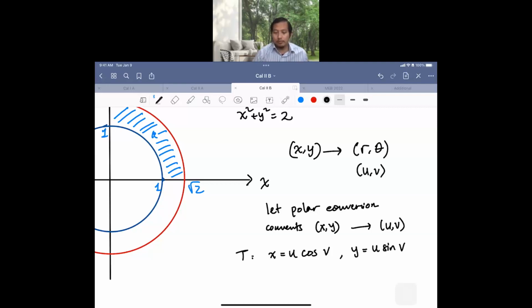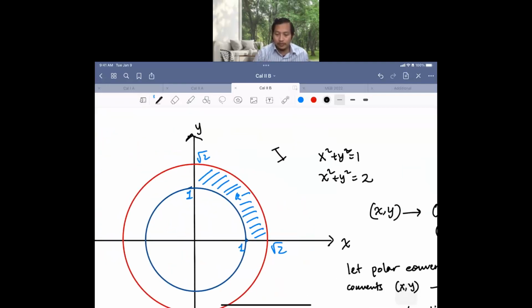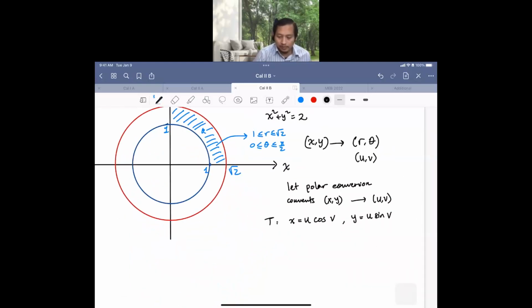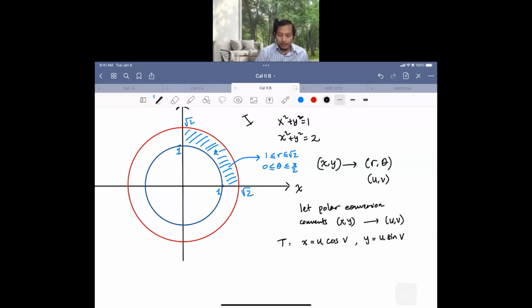It seems similar to what we have in polar. And also the region R, we could describe in polar: the radius is from 1 to square root of 2 and the angle from 0 to pi over 2. So the S that we want, by doing this, has u from 1 to square root of 2 and phi from 0 to pi over 2.